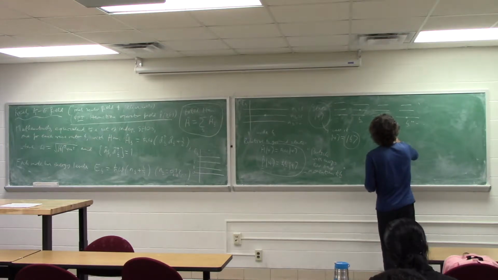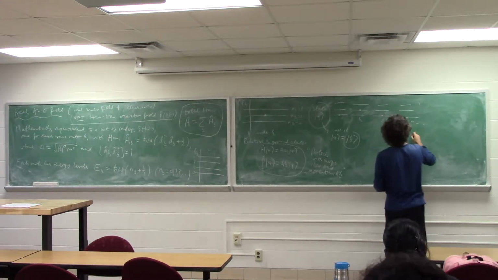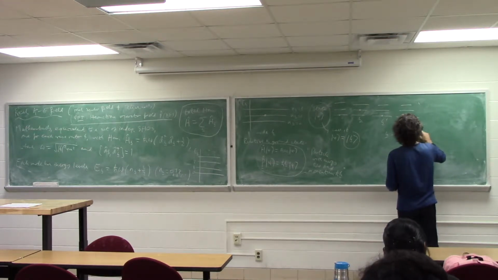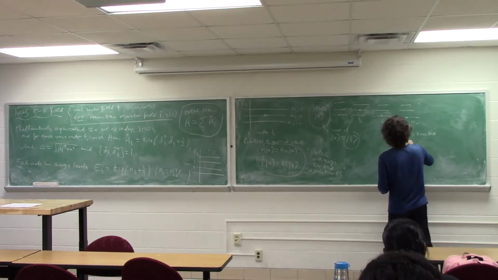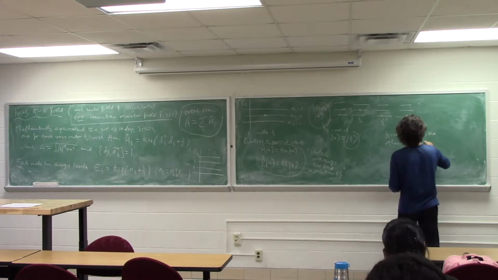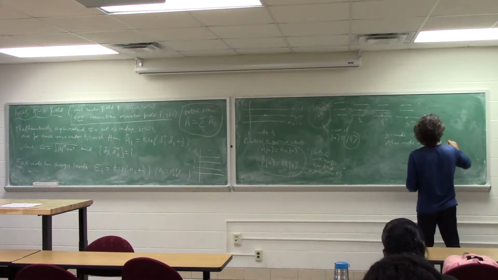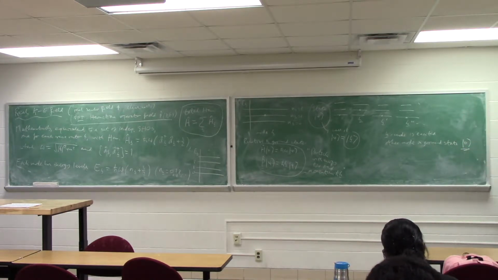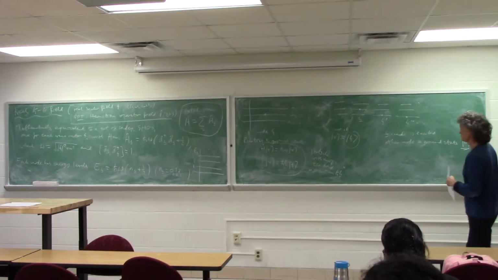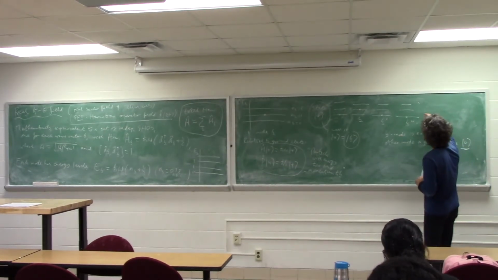So the K mode is excited. The other modes are in the ground state, which you'll be used to. The ground state of a harmonic oscillator is usually denoted 0. So what is this state?